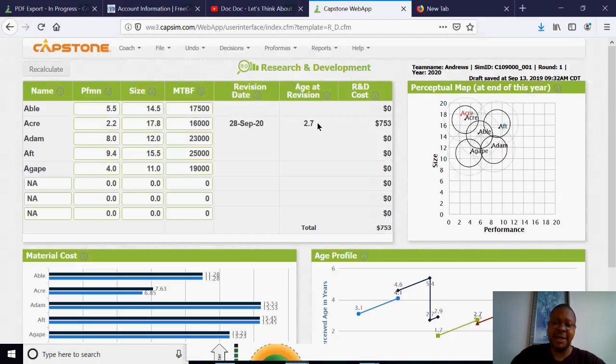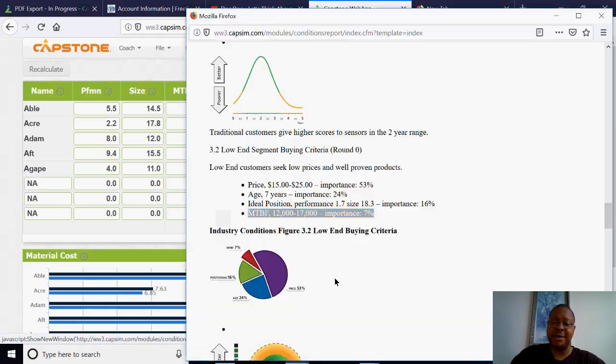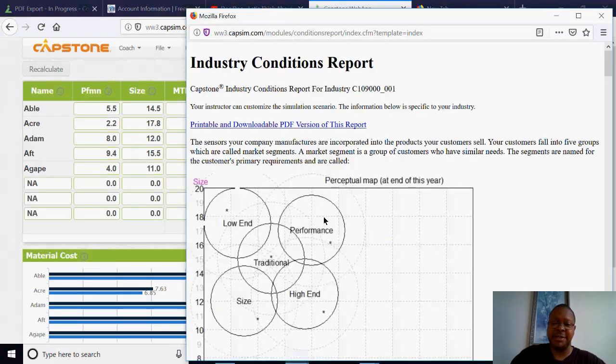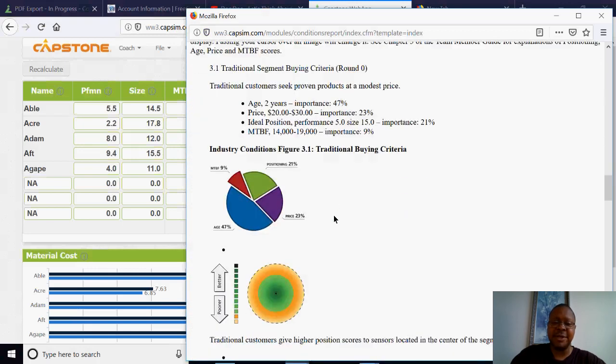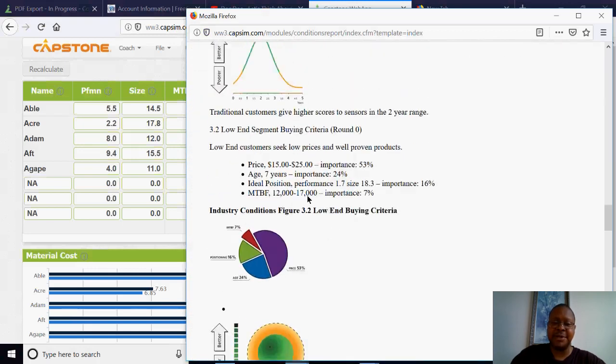It costs me a little bit more money, and my overall average age of my product, including anything I produced this year plus whatever I have in inventory, is 2.7 years, which, by the way, falls within the range of that buying criteria. As you can see, it falls within that particular range.